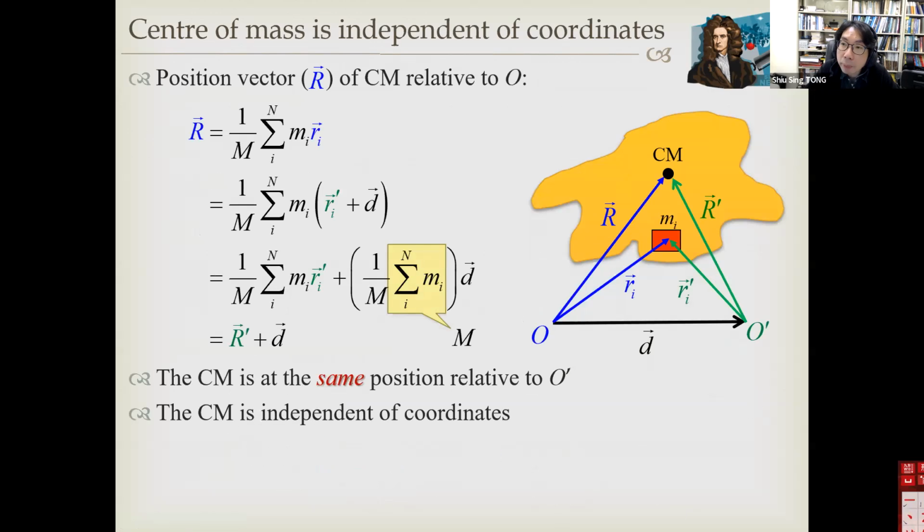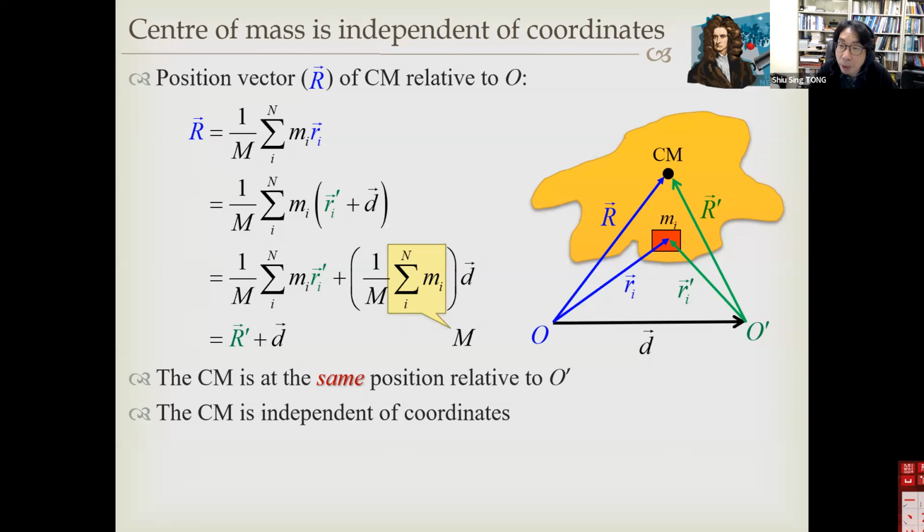Now, an important property about the center of mass is this. The center of mass position is actually independent of the coordinate you choose. Now, when we talk about vectors, we continuously emphasize this property of vectors. Why physical laws are written in terms of vectors is because a vector can express the position of a physical quantity independent of coordinates.